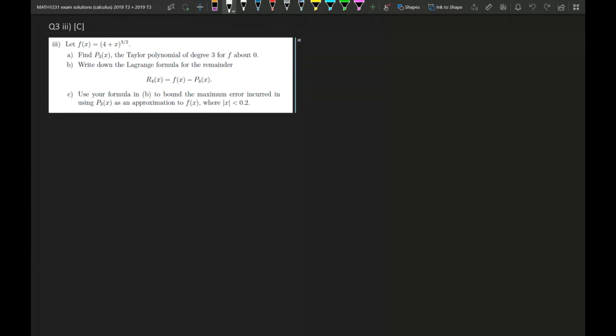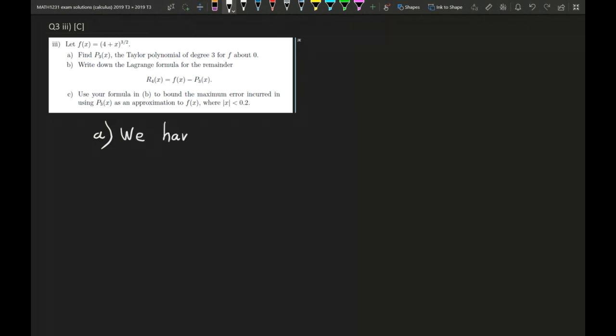I might just get straight into calculating what we need to know. It asks us for the third degree Taylor polynomial, so I need at least the first 3 derivatives. And for the second part, I'm going to need the fourth derivative, so I might as well just work them all out now.